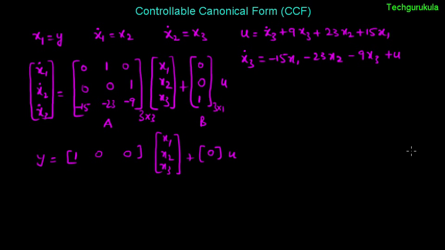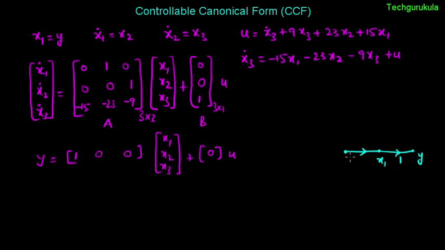Now let us represent this set of equations in terms of a signal flow graph. We know the output expression, y is equal to x1, so I'm taking an x1 node, magnitude is 1 because x1 is y and y is x1. Now if I take x1 dot, which is nothing but x2, and integrate x1 dot, we will get x1.